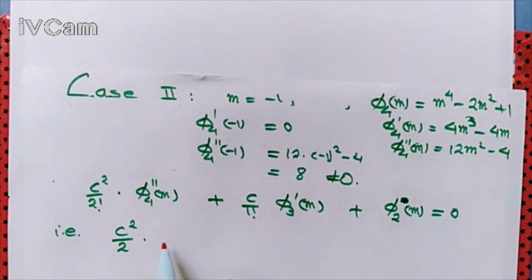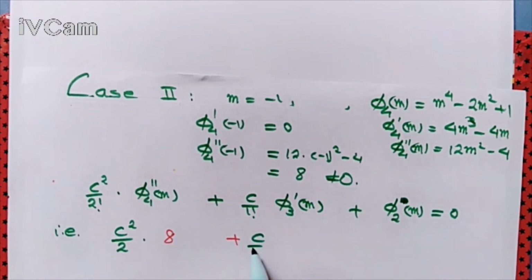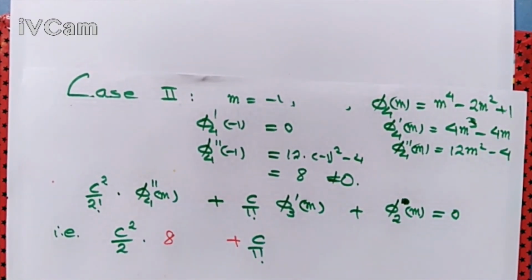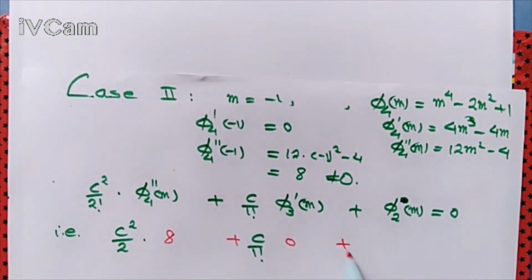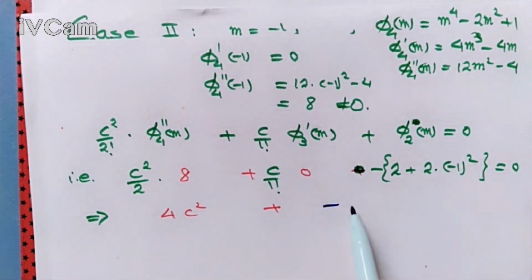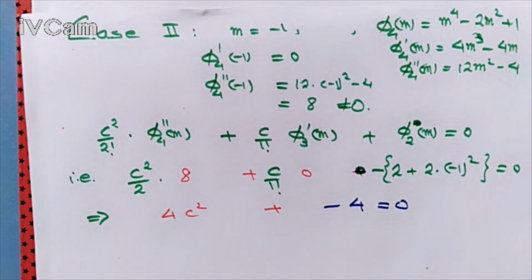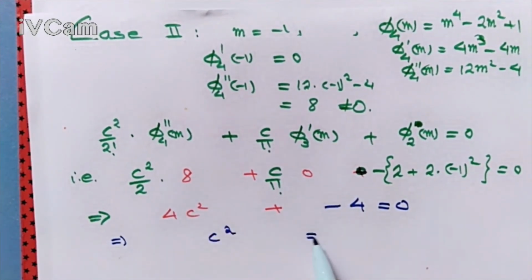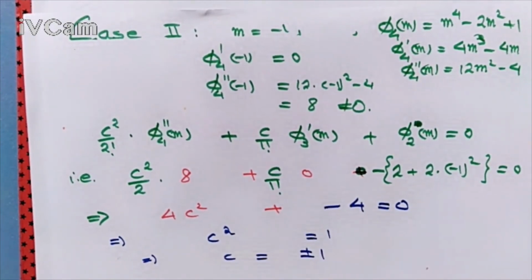That is just 8, plus C by factorial 1 phi 3 dash m, which is itself 0, so we can just write it 0. Phi 2 m is minus 2 plus 2m square, and we write m equal to minus 1, and so we have 4c square minus 4 equal to 0. That gives us c square equal to 1, and so c equal to plus minus 1.